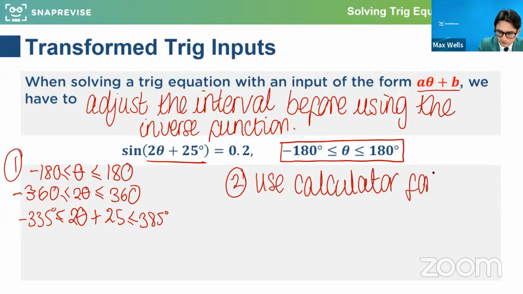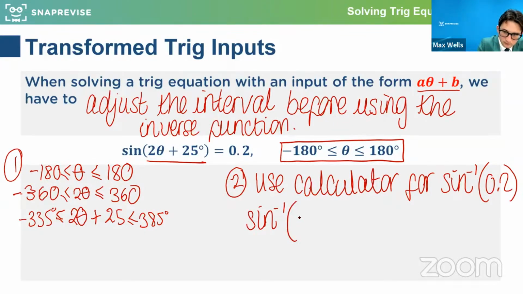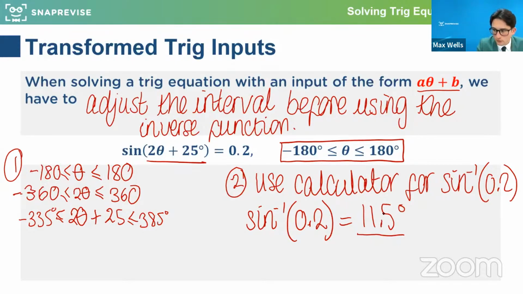So do feel free to do that for me for sine inverse of 0.2. So what do we get? So shift sine, arc sine of 0.2, the principal value it's going to spit out is what? What do we get for that one? Let's check we all agree. 11.5, yeah. Good. So we've effectively found the first value for 2 theta plus 25.